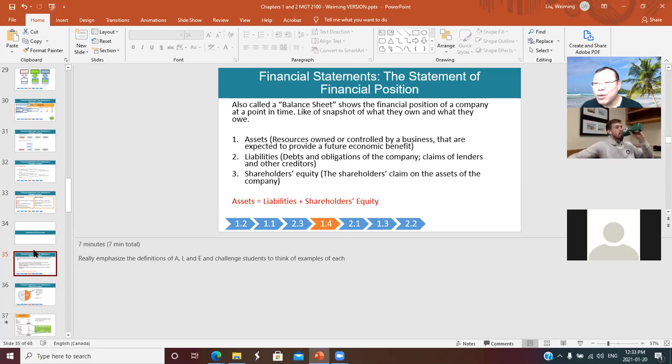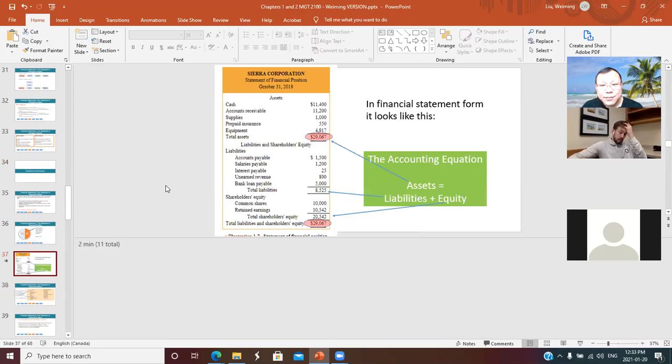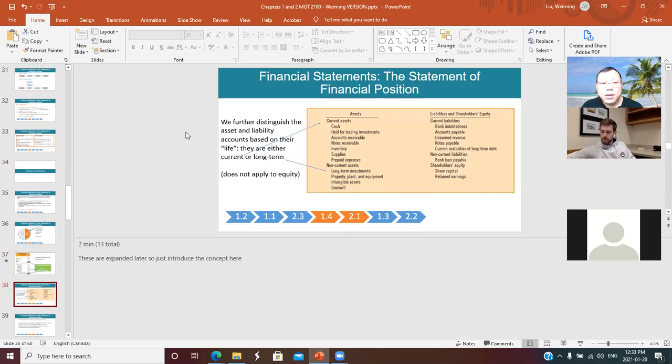The most important equation, the balance equation, is assets equals liabilities plus shareholders' equity. So that has to be balanced, otherwise something's wrong with the bookkeeping. And then we further classified assets and liabilities into two categories, current versus non-current.